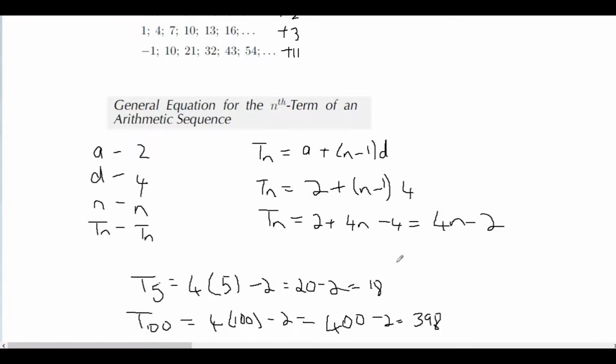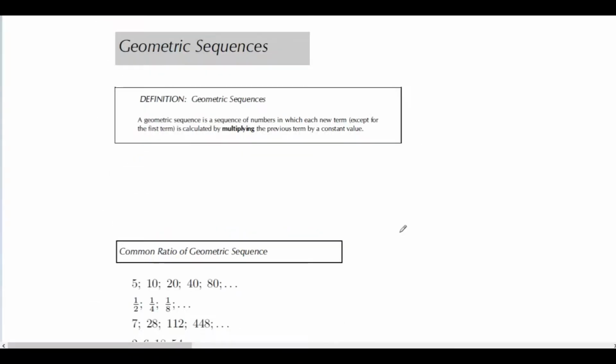Coolio, this is still sequences, remember, we're not at series yet. So let's start with our next sequence, which is geometric. The difference between a geometric and an arithmetic is that the geometric calculates its new term by multiplying the previous term.